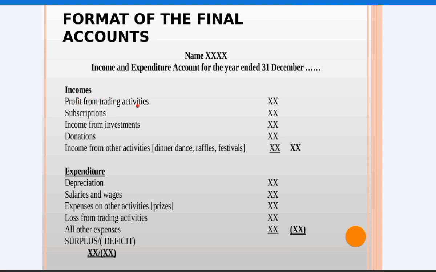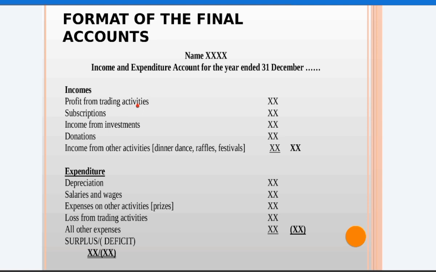If an entity has some part of it that trades, then the income from that activity should be recognized. For instance, if an organization is operating a side business which makes some profit, then we should take the profit from that entity into this format or this account.